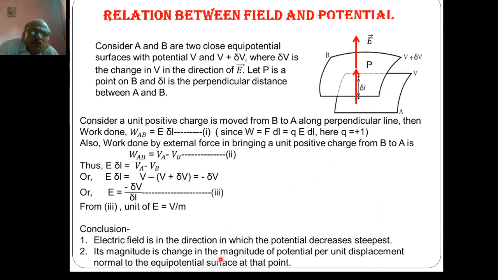Its magnitude is the change in potential per unit displacement normal to the equipotential surface at that point. Later, when we discuss its properties, this point will be clearer.